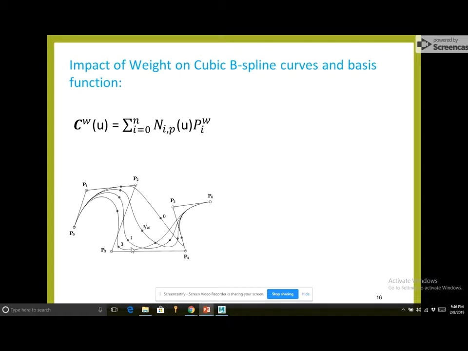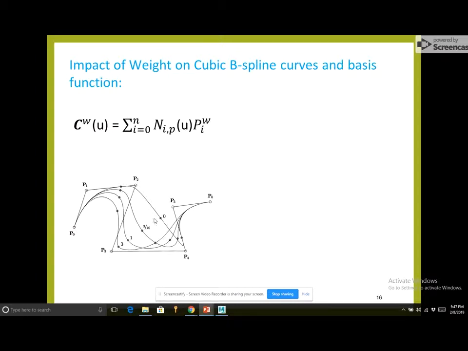For this curve, the weight is 3. As the weight is more, the curve is tending towards the control point. And when we decrease the weight to 1, the curve started to move away from the control point. And when we further decrease the weight, it's further moving away from the control point. And when the weight is 0, it means the control point P3 has no effect on the curve.